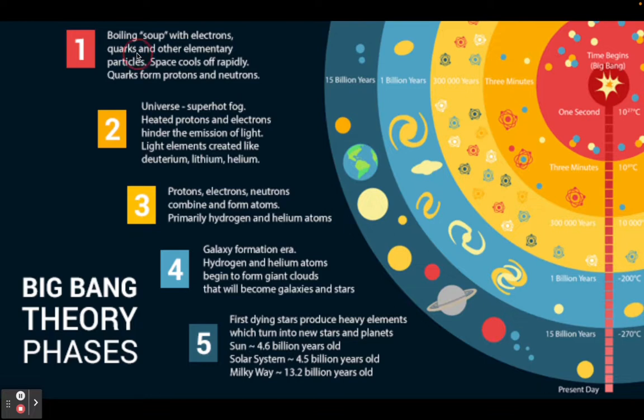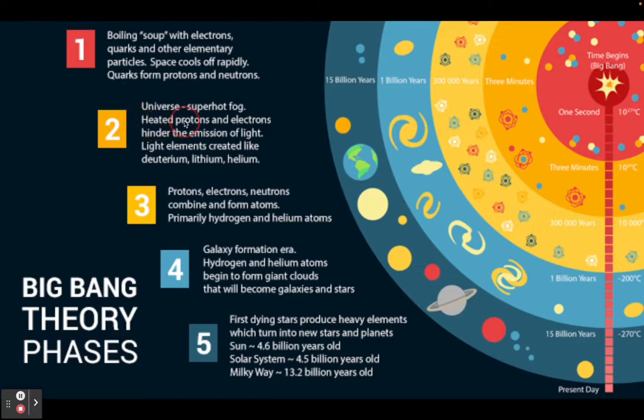You have a boiling soup with electrons, quarks and other elementary particles as well. The space cools off very rapidly, and quarks then come to form protons and neutrons. So this would be the first phase.